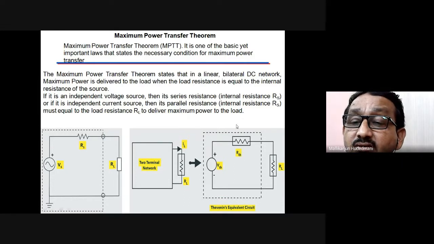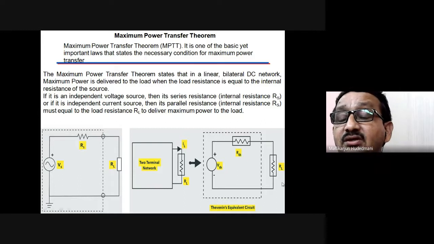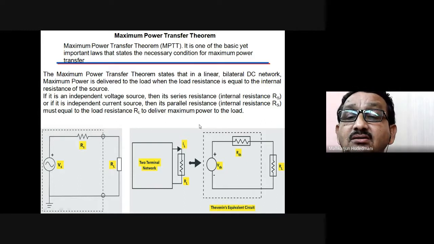For me over here, the source resistance is the entire equivalent resistance of the network itself, RTH. RTH must be the value of RL, or RL must be equal to RTH, then only maximum power transfer takes place. This is the gist of this maximum power transfer theorem for DC.